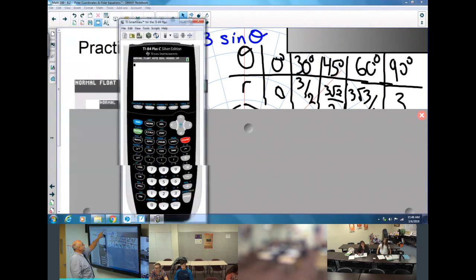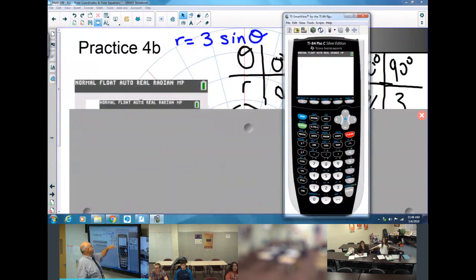So to put it in the calculator, it's 3 sine theta. To put it in polar form, you have to change the mode. If you press the mode button, I'm going to change it to radians. Normally we graph functions, but now we're going to graph in polar mode. So from function, you arrow over to polar, and then press enter.